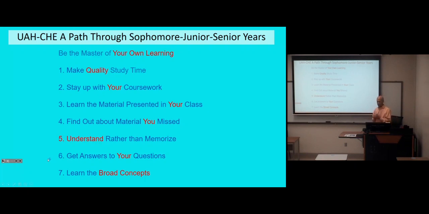And at this point it becomes up to you to implement the plan for yourself, okay? And one of those things is that you have to be the master of your own learning. You need to be committed to all of your coursework. You don't know when you're going to pull that one piece of information back that is going to be very, very important to you or to your employer. Okay?